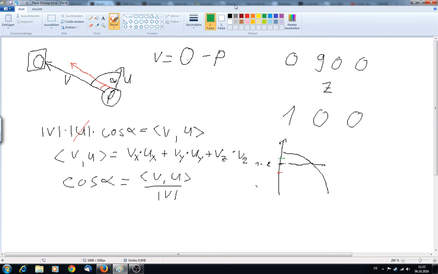In the first case, the angle is somewhere here, this angle. And in the second case, in red, the functional value is here, which means we are somewhere here with our argument, and our epsilon is somewhere here.